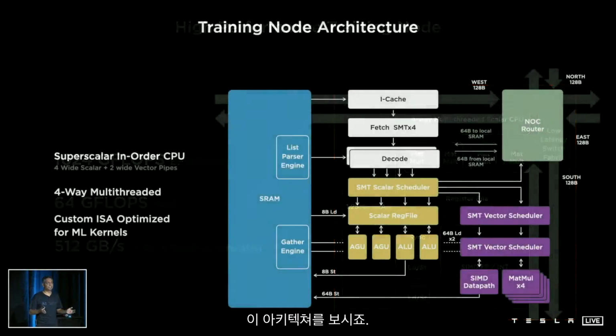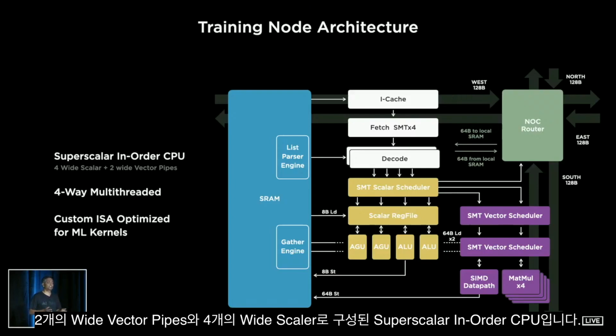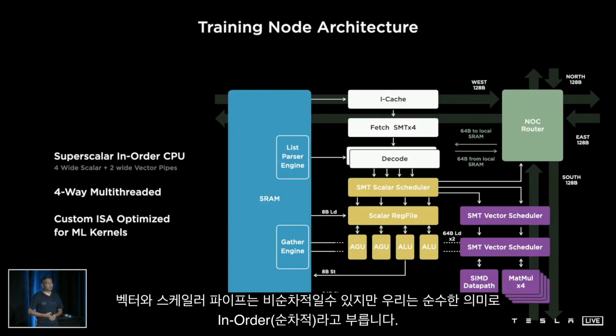So let's look at the architecture of this. The computer architects out here may recognize this. This is a pretty capable architecture as soon as you see this. It is a superscalar in-order CPU with 4 wide scalar and 2 wide vector pipes. We call it in order, although the vector and the scalar pipes can go out of order, but for the purists out there, we still call it in order.